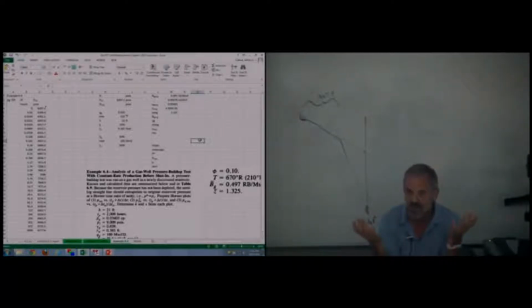But if you're not playing with the choke, it should be monotonically, slowly decreasing. And as we run into them, there are techniques to handle constant pressure production as well as the one we're looking at right now, constant rate production.